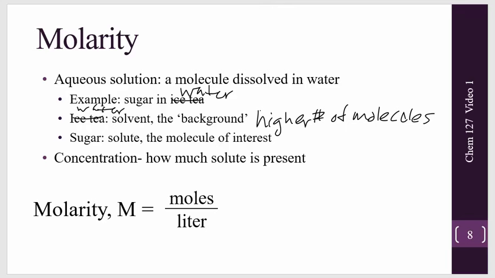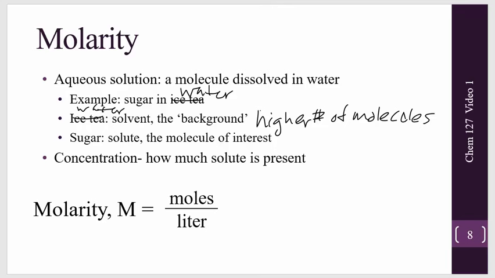The thing that's dissolved in it is called the solute, and that's the molecule of interest, and there won't be as many of those molecules. And that's what we're interested in: how much solute is present in some kind of solution? We talk about concentration with this.